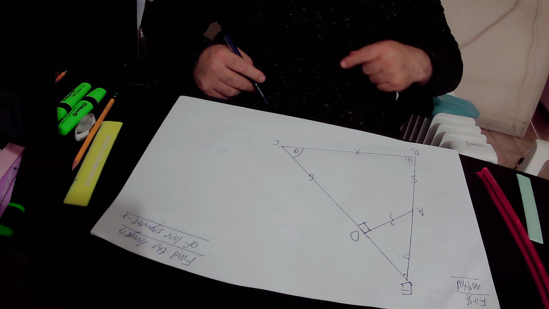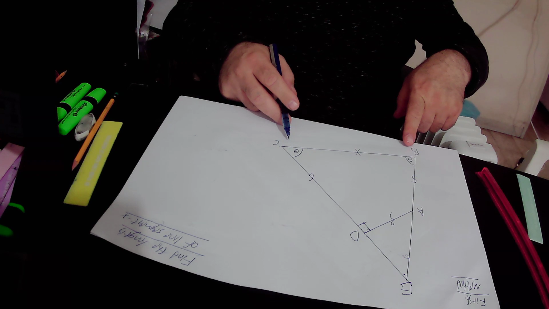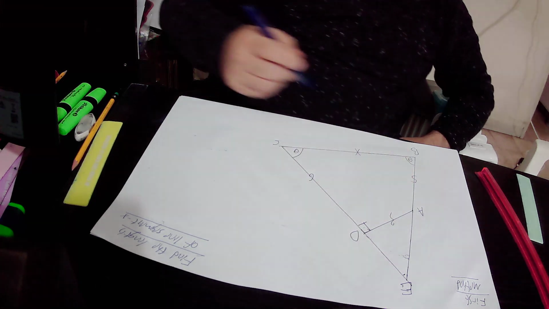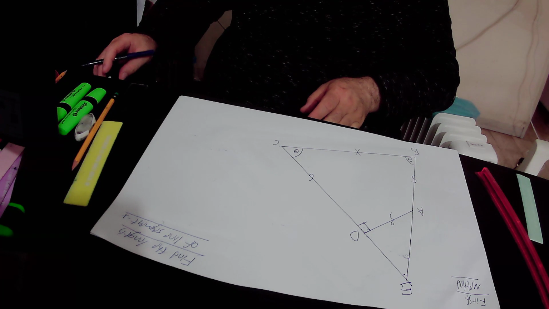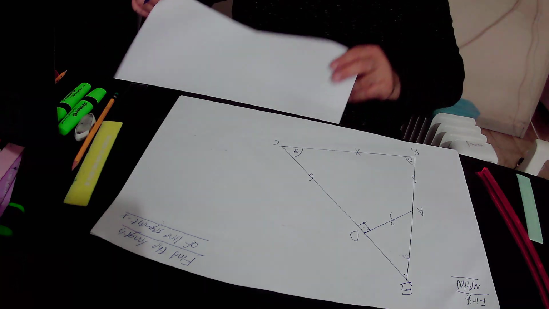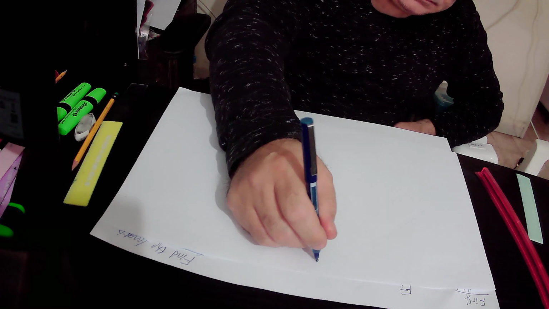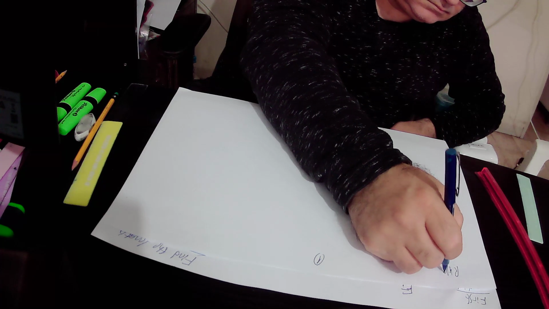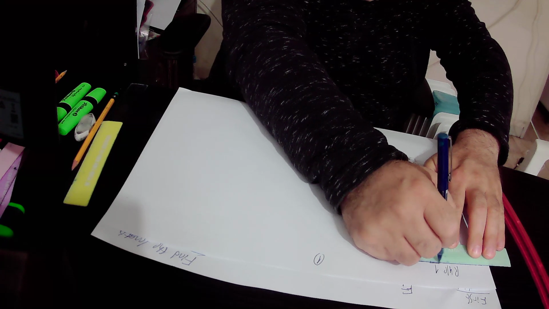In triangle EBC we have two angles that are equal to each other. Those two angles are both equal to theta, therefore they are equal to each other. And we have rule number 1. According to rule number 1, in front of equal angles in the triangle there are equal sides.